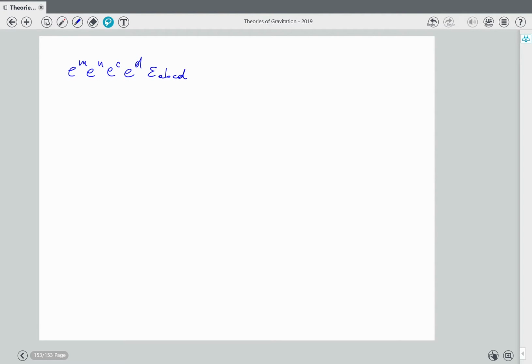So this must be proportional, with a certain index A, to epsilon_{mncd}.